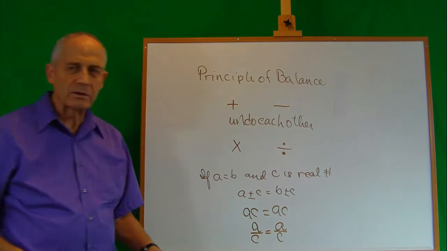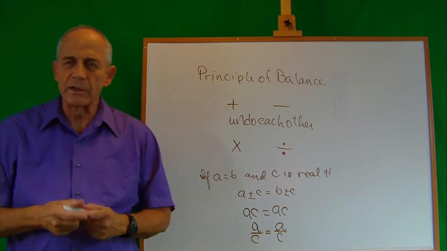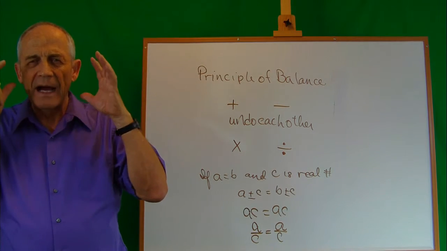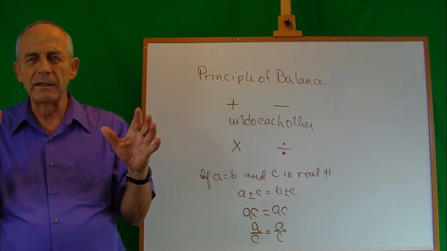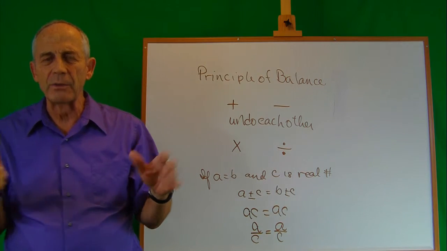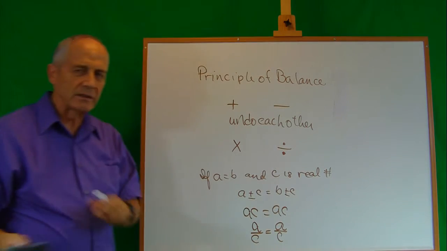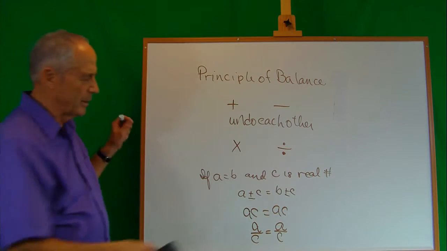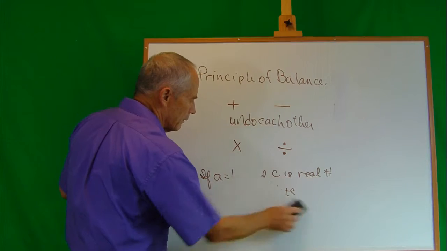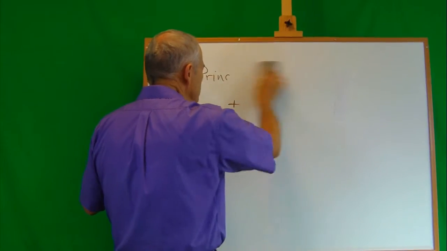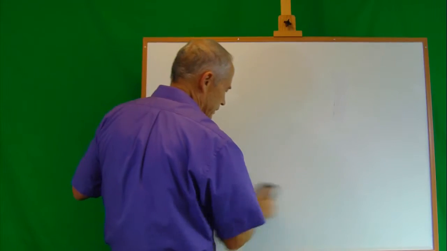Now that's what it looks like in a math book, and that's well and good, but if you're thinking about the idea of balance, so you've got that idea clear in your mind, then it's a little easier to know what to do. So we're going to use this kind of information to solve, which means we're going to find solutions for equations.